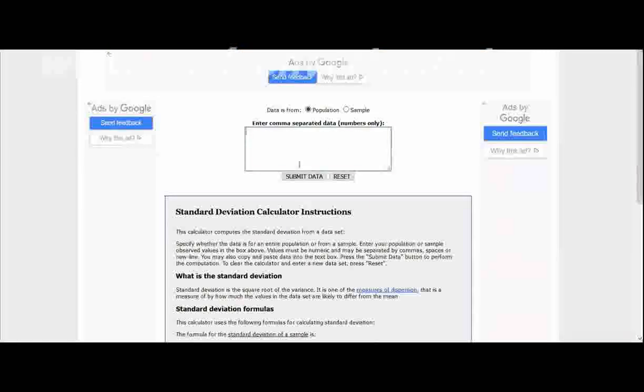Very well. So here you can enter the data that you have. The salary that we had was 41, 38, 39, 45, 41, 44.